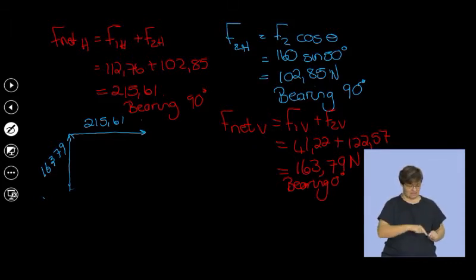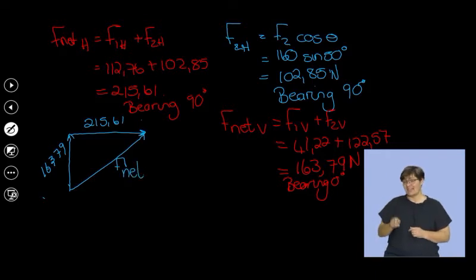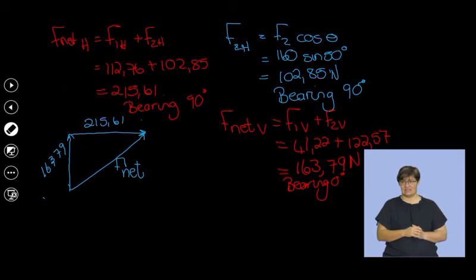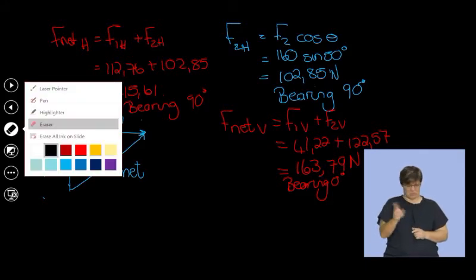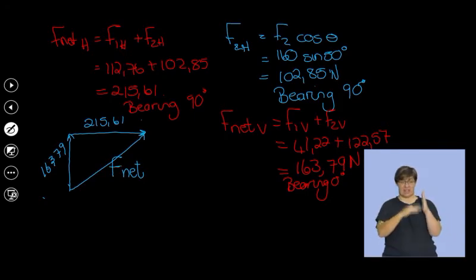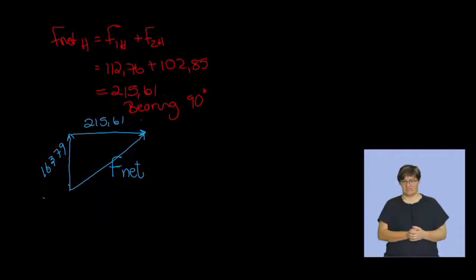My resultant is there. So I want F net. Let's make that F actually look like an F. It's a right-angled triangle. We're going to use trig. Now, we are going to use Pythagoras to find F net, and then we are finally done.